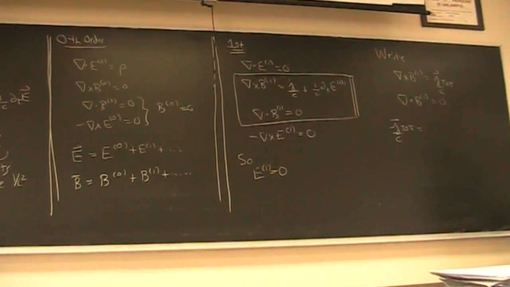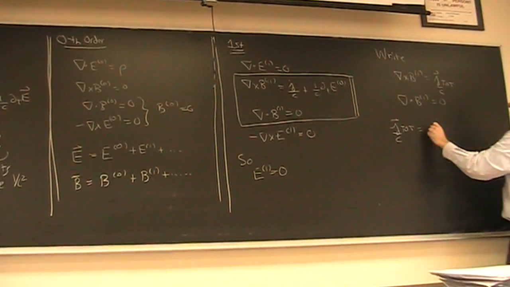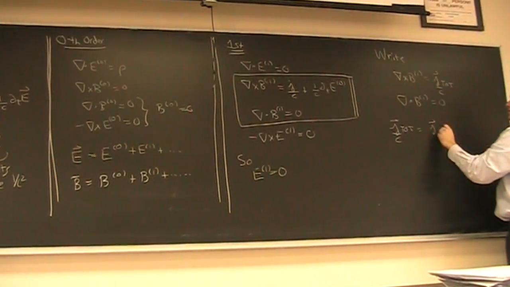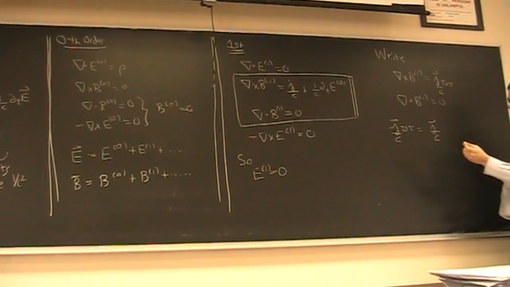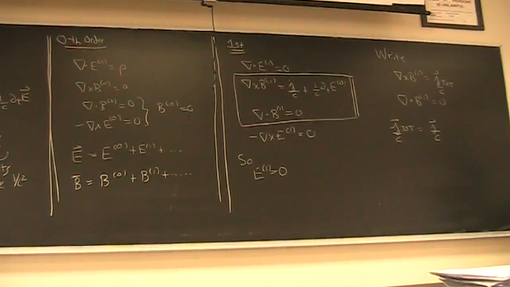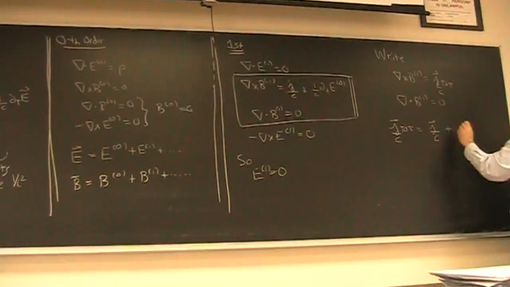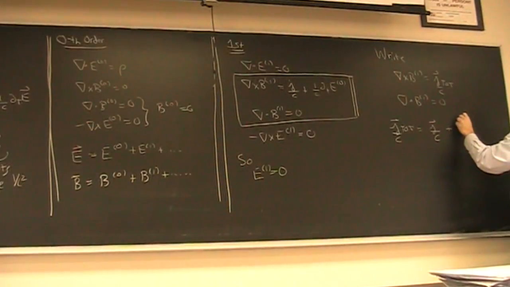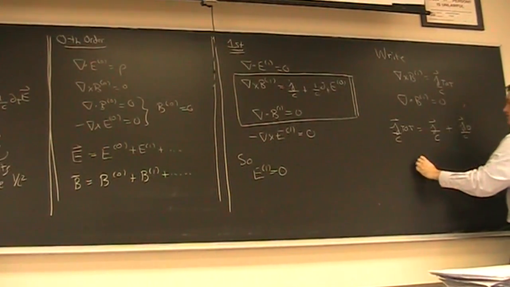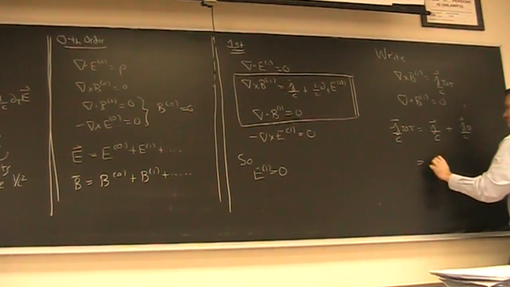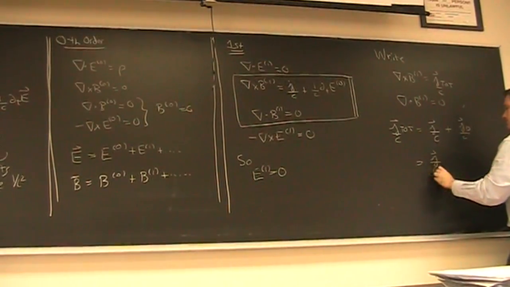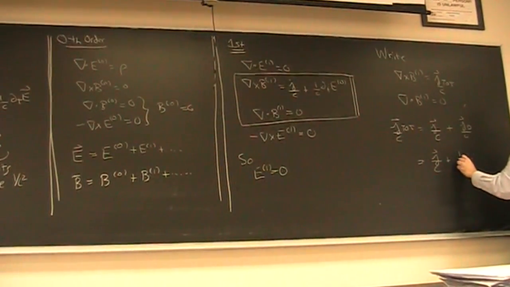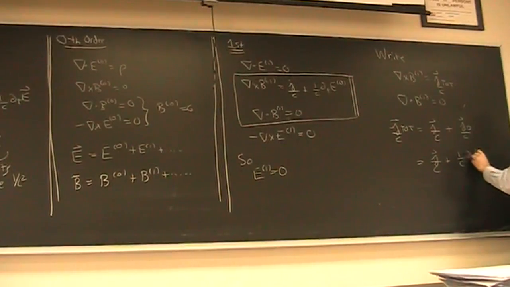So J, the total current, consists of 2 parts. One is the physical current, and one is the so-called displacement current, which is another name for the time derivative of the electric field.